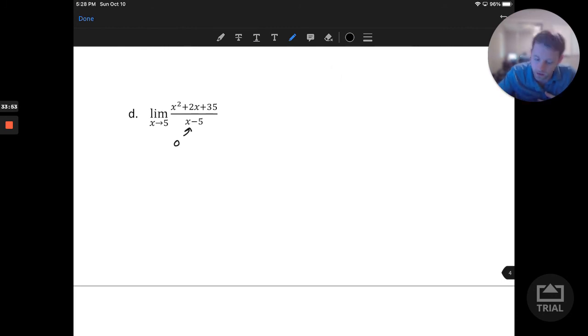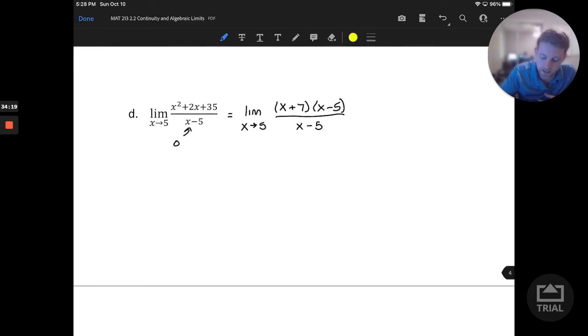And so we can consider a factoring technique, taking the limit as x goes to 5 of x plus 7 times x minus 5, if we factor there. And we'll have the x minus 5 that remains in the denominator. Those two factors can cancel.